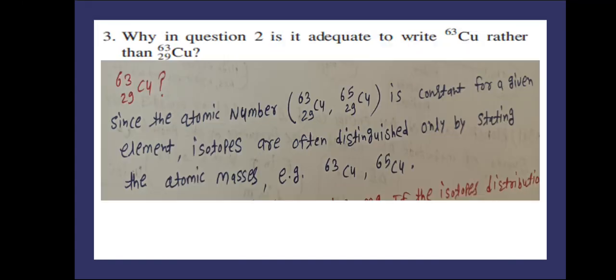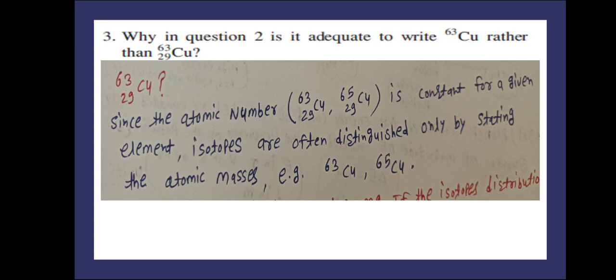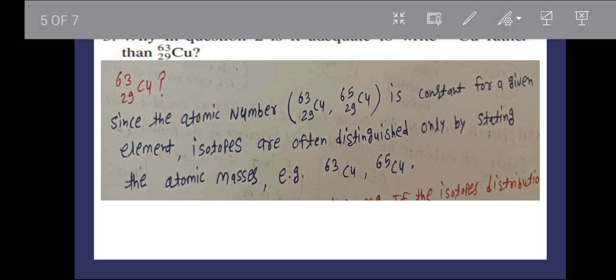Now coming to the next question, that says: why in question 2 is it adequate to write 63 copper rather than 63 copper 29? Now you see, atomic number is equal to the number of protons. Now in an element, the number of protons is not changing.